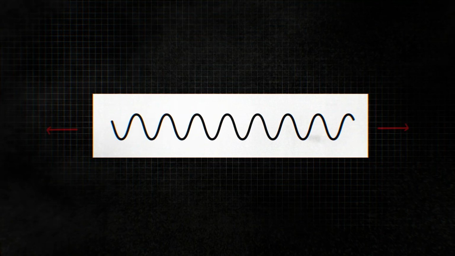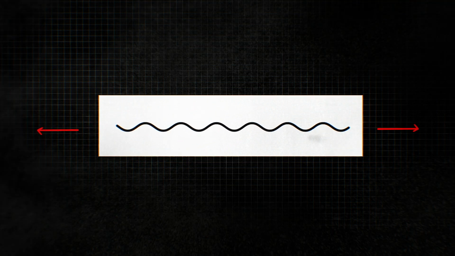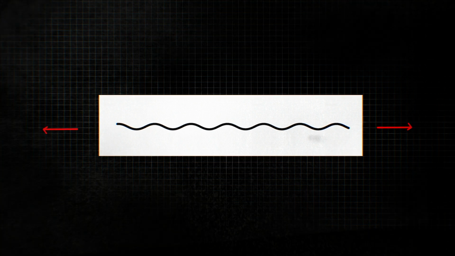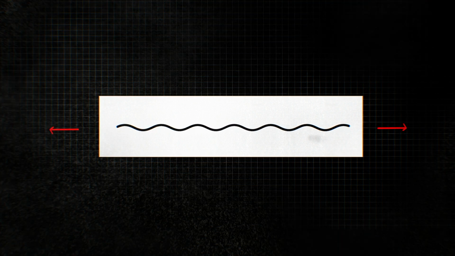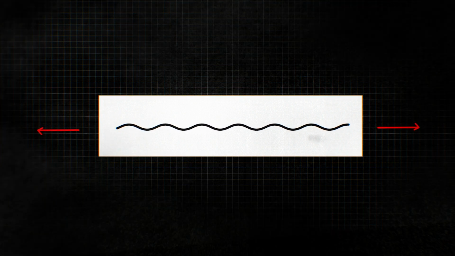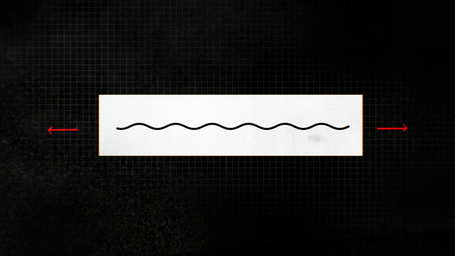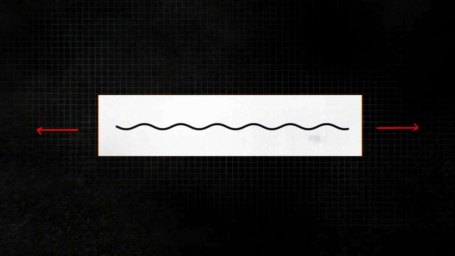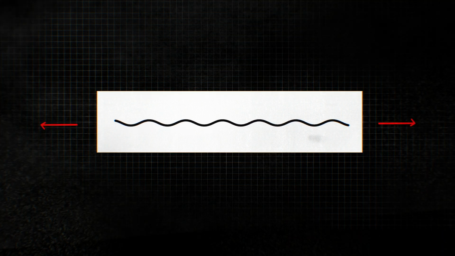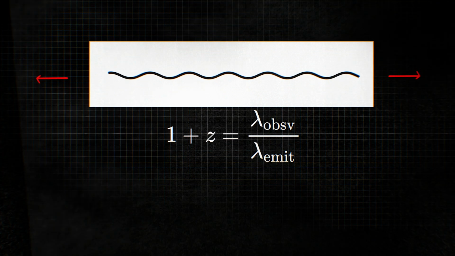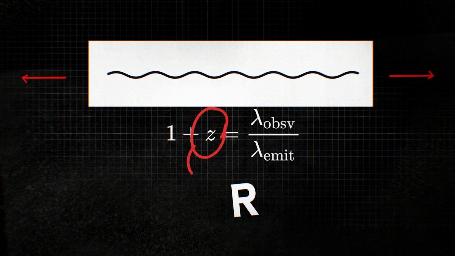And because of this effect, if that photon was emitted at a short wavelength, it will be slightly stretched, resulting in a longer wavelength. The farther the source is from us, the more the cosmological Doppler effect will cause the photon to suffer. And we can even calculate the distance at which the photon was emitted using this equation. Z is called redshift. It quantifies how stretched the wavelength has been, and from it, you can obtain the distance to the image.